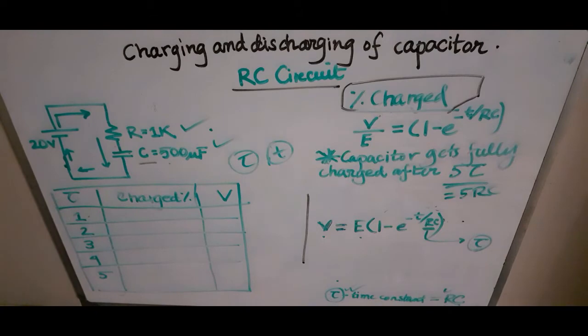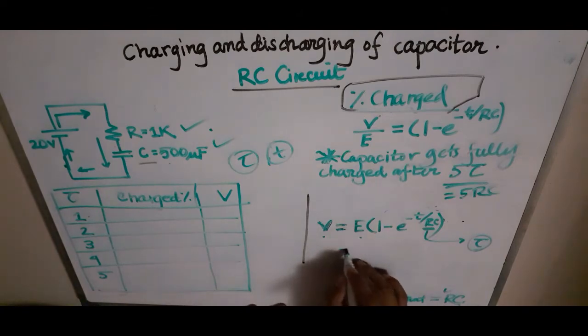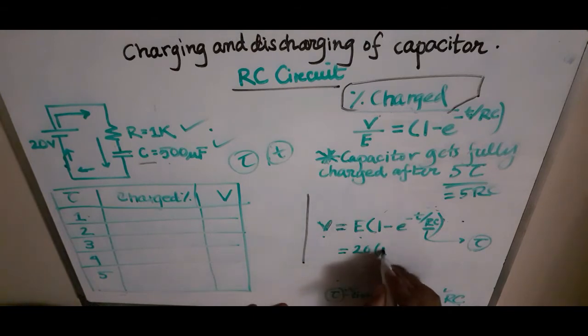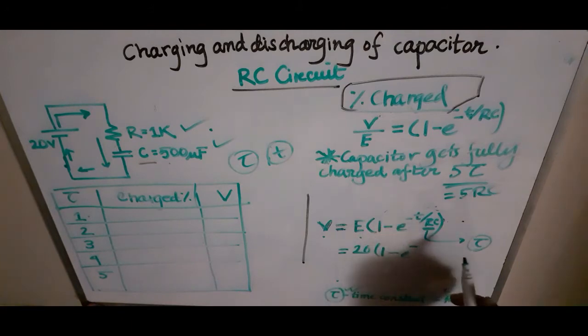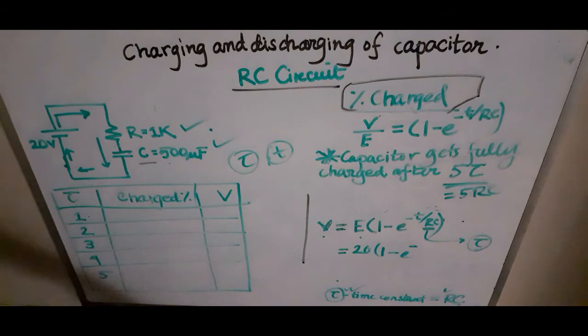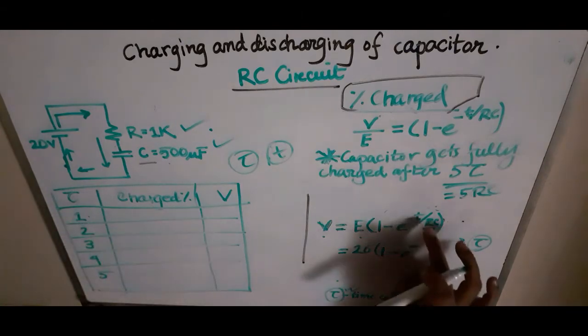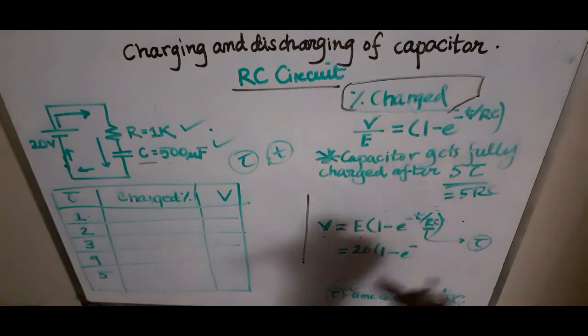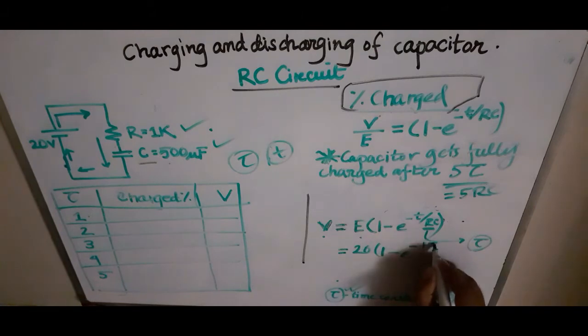what we will get here, the value of E is 20, then we have 1 minus e to the power minus t by RC, right? So in this case we can easily replace t with one time constant, or tau, right? Tau is nothing but RC.